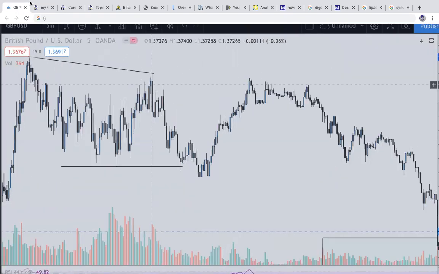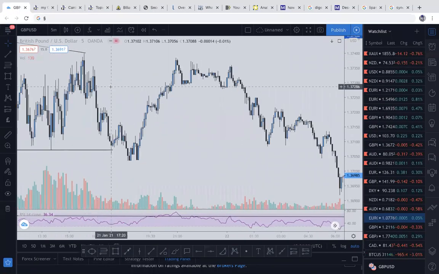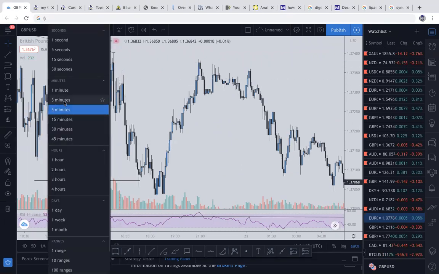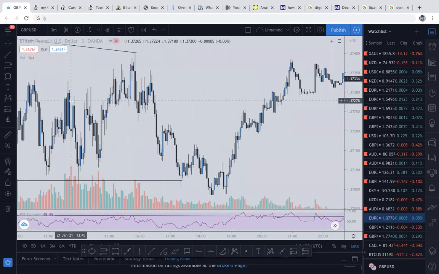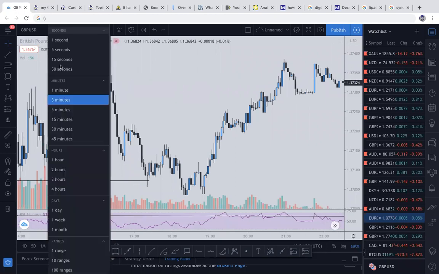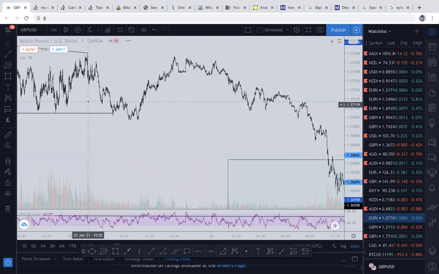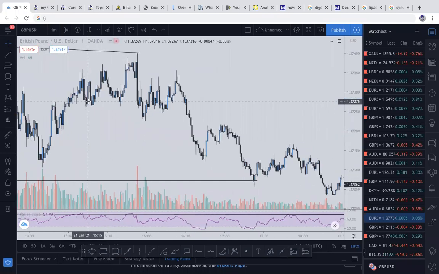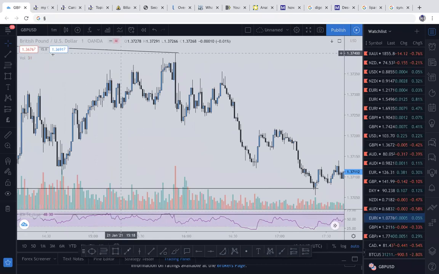Now, my trade, I'll be diving deeper into this area to see where price reversed from. There was a liquidity sweep above this area on the 1 minute time frame.